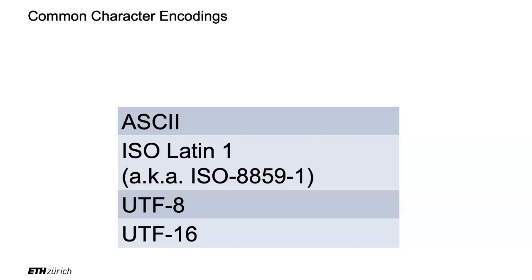Who heard of ASCII? Okay, so ASCII has the idea that you have a catalog of symbols, in that case 128 for ASCII, and every one of these characters gets some number. You count them. This is the first, this is the second, this is the third, and you have a number between 0 and 127. We love starting to count at 0 in computer science.